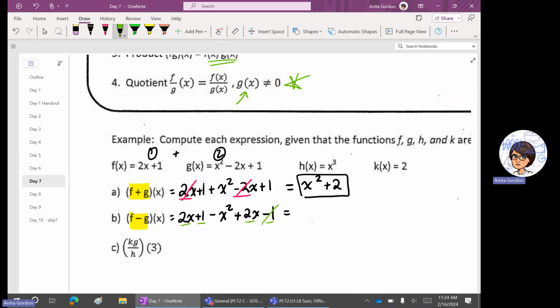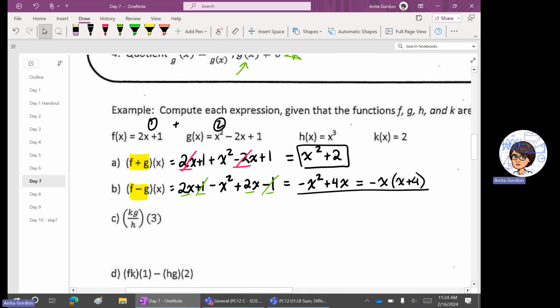Plus 1 and minus 1 cancel each other out. So I have negative x squared plus 4x. You could even factor this if you wanted to. You could say negative x times x plus 4. Either way, it would be fine.